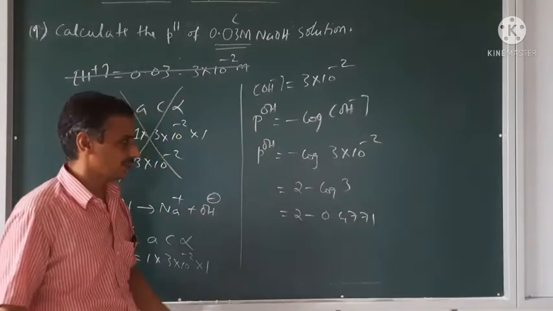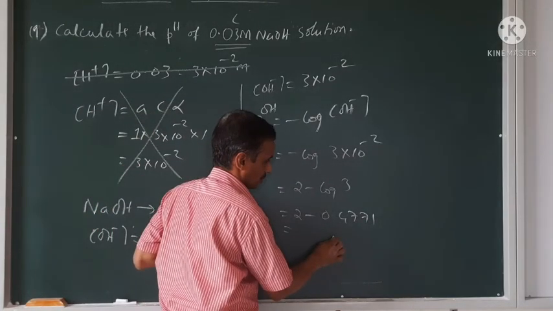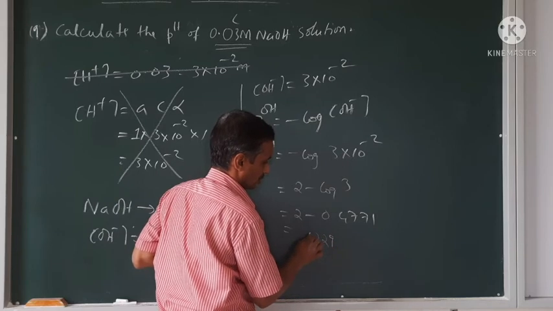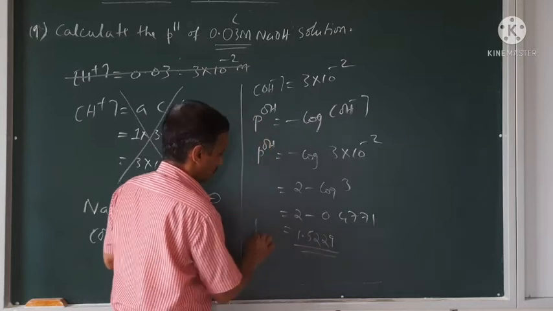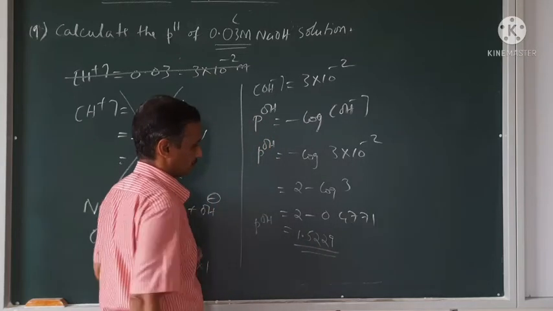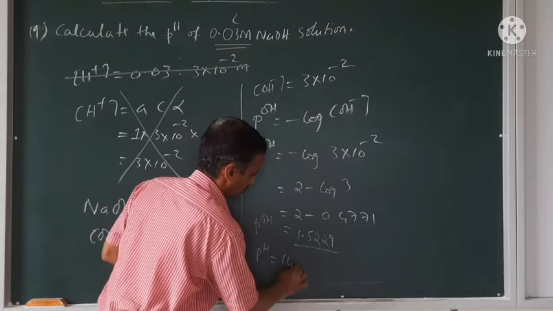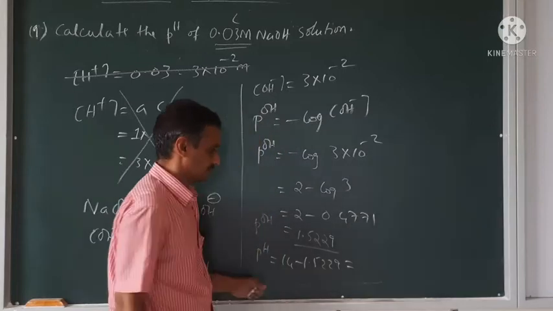Log 3 is 0.4771. Get it? This is the pOH of the solution. And pH is 14 minus 1.5229. Get the answer.